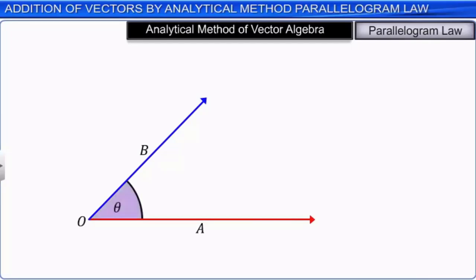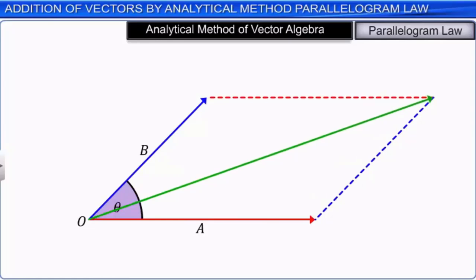To find the resultant C of these two vectors, complete the parallelogram with A and B as adjacent sides. The diagonal drawn from O of the parallelogram represents the resultant C of the two given vectors, A and B.